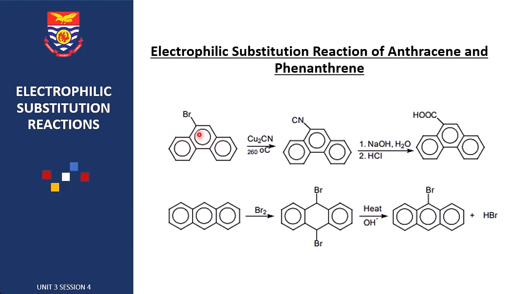The 9-bromophenanthrene is a very important intermediate in the synthesis of certain substituted phenanthrenes, because once it is produced, the reaction of this intermediate with other reagents can lead to the formation of certain important derivatives.